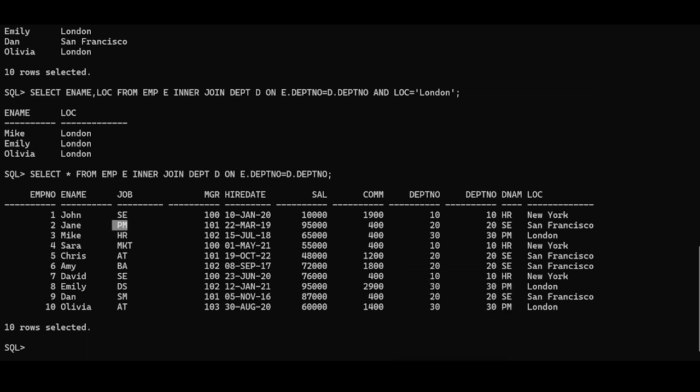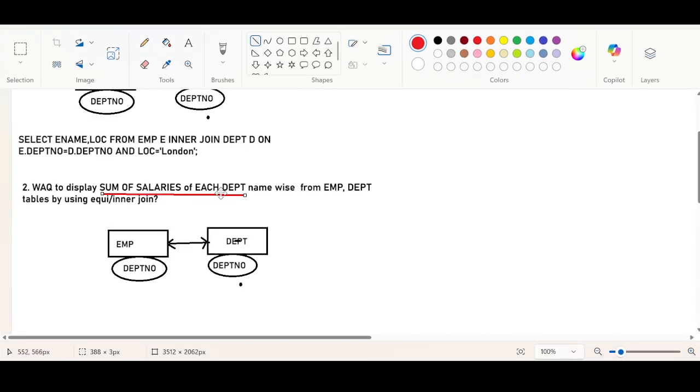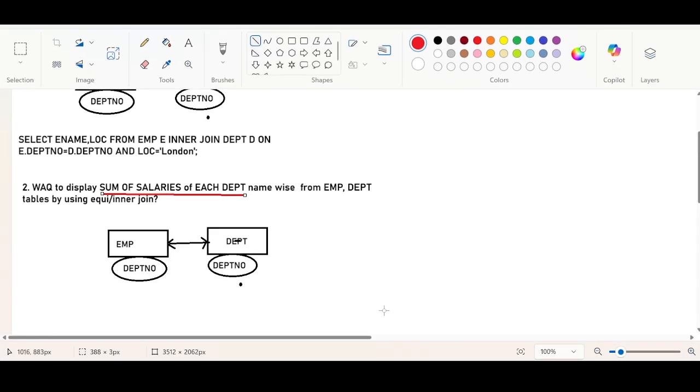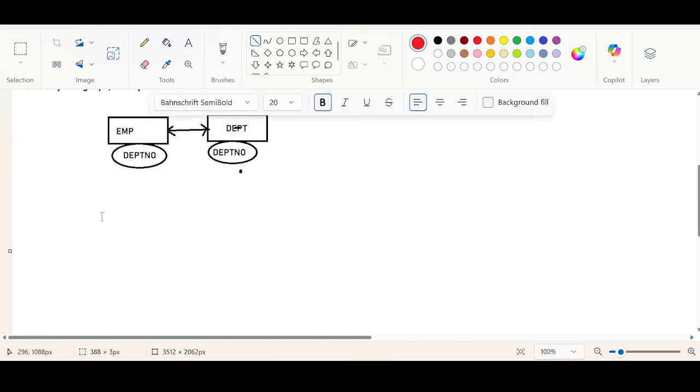So what is the actual question? The sum of salary of each department, right? I want to extract the salary of each unique department. If I want to extract this, I can go for the group by clause. There is a clause like group by, if you remember, group by expression.